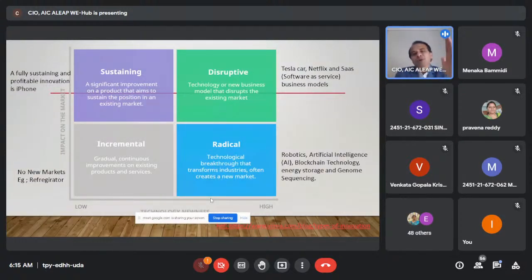So the disruptive innovation is, for example, sorry, hello, any question? Right. The best example we can say of disruptive innovation is the Tesla car. The Tesla car is an electric vehicle that is not working on IC engines.